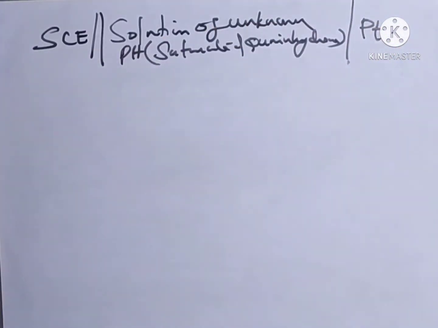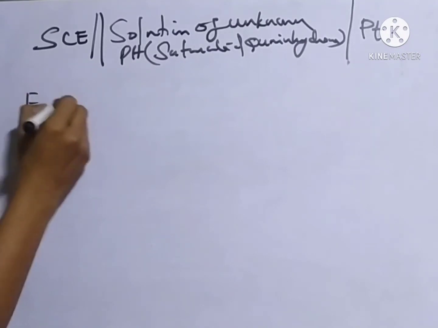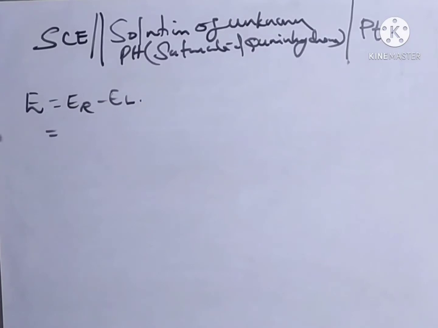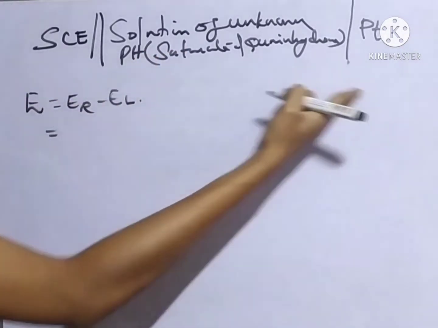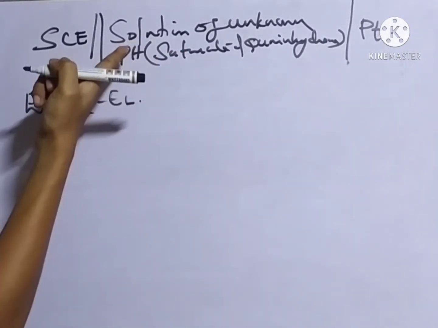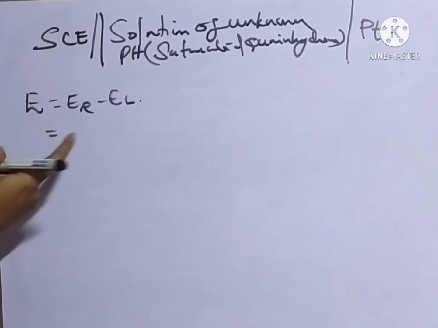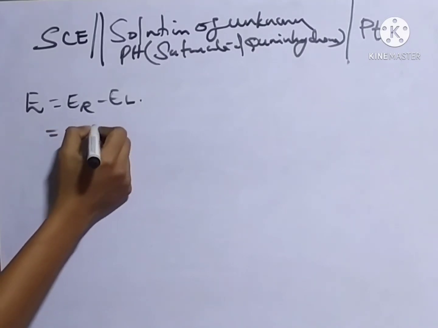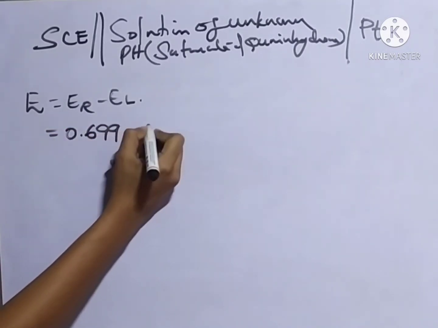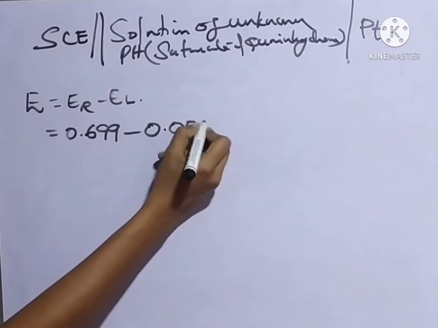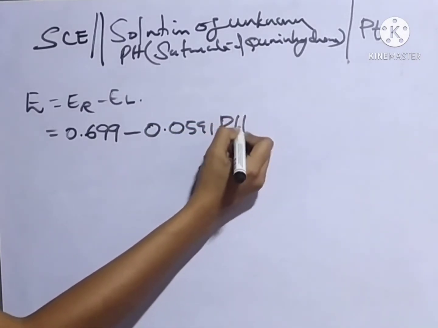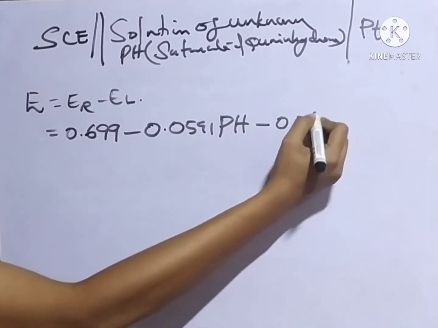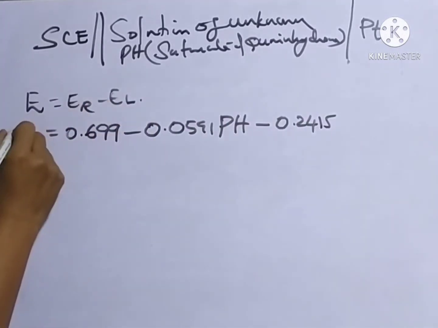Here the E value equals ER minus EL. ER is for our quinhydrone electrode containing the solution of unknown pH as the electrolyte. So the value was 0.699 minus 0.0591 pH and minus 0.2415.